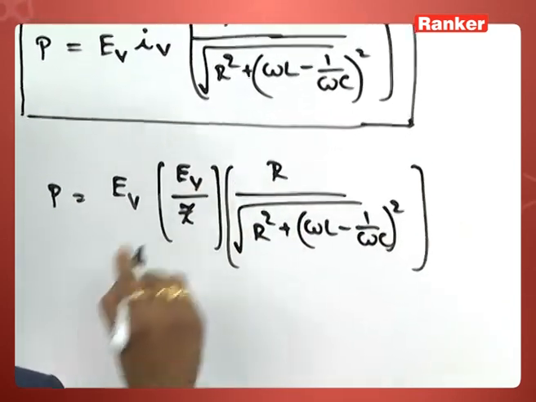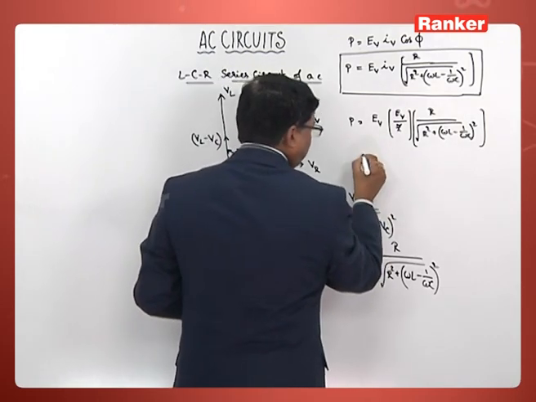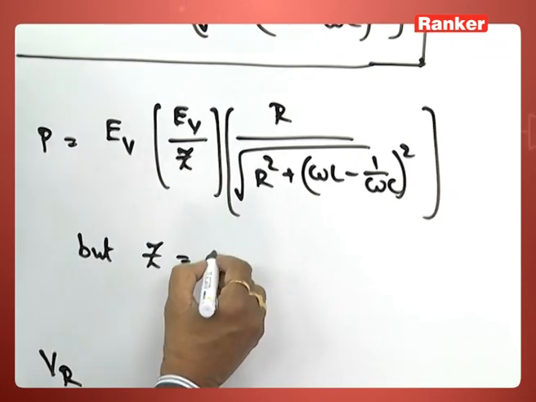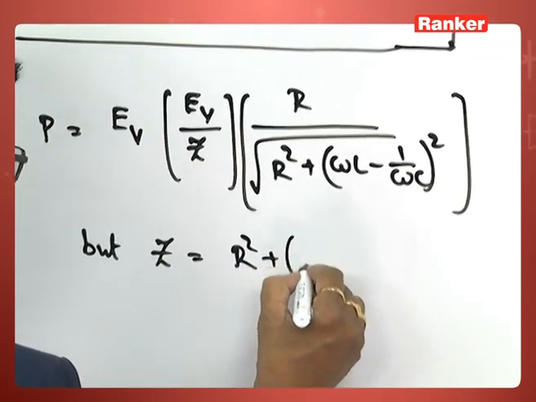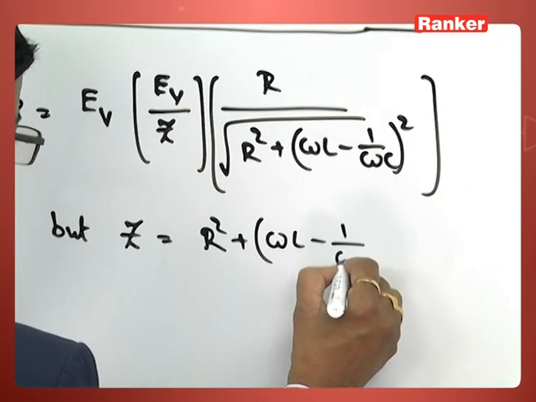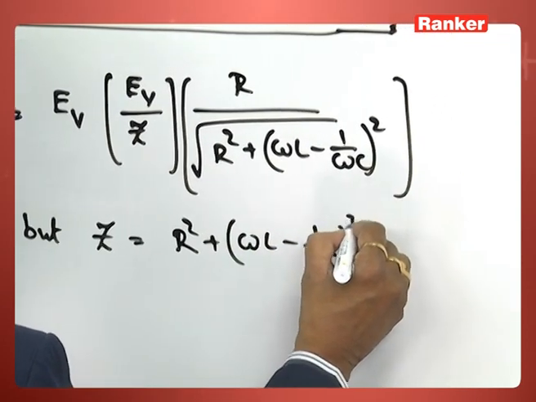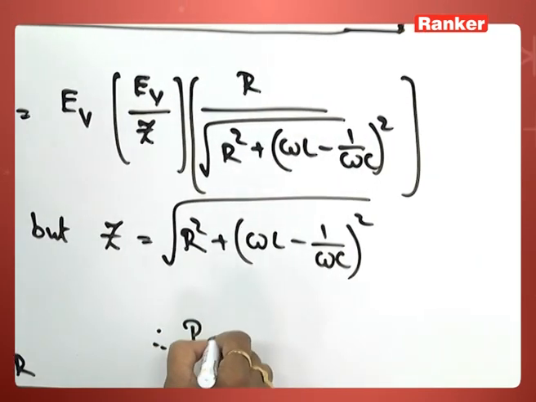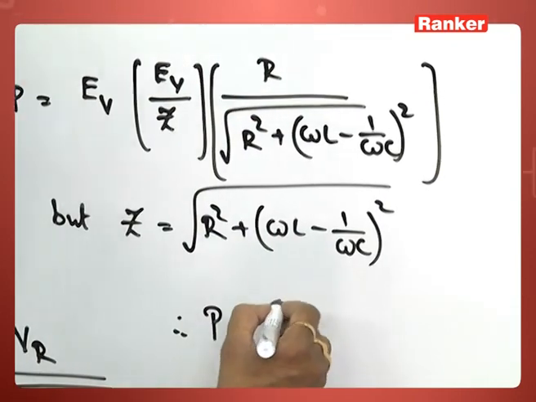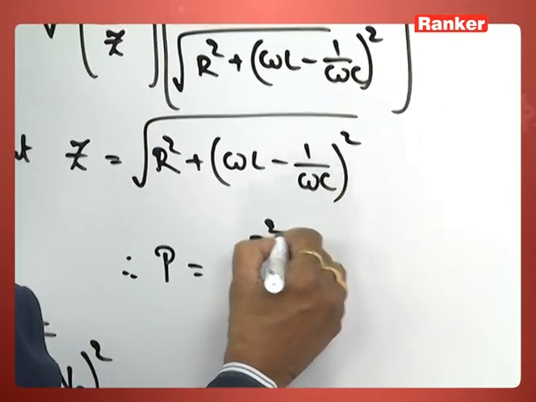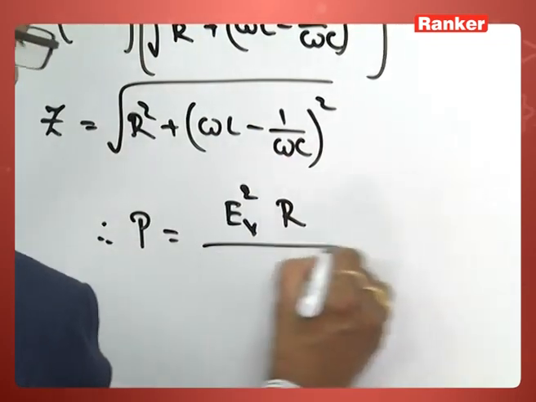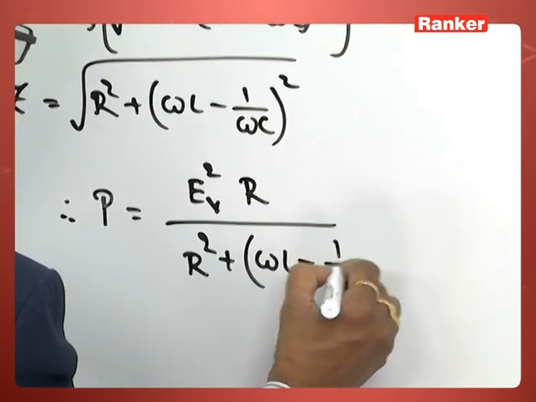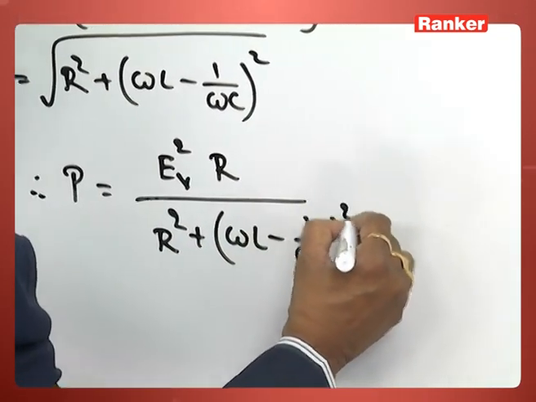This is the equation. But we know pretty well the value of Z in the case of an LCR series circuit again becomes root over R square plus (omega L minus 1 by omega C) whole square. Therefore, when you substitute that here, the value of P can be rewritten as EV square into R divided by R square plus (omega L minus 1 by omega C) whole square.